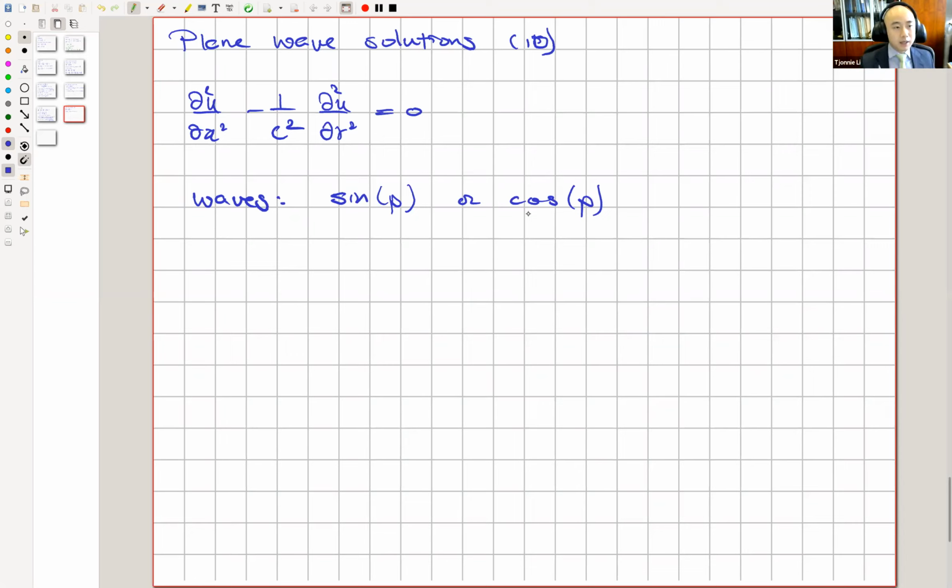Again, where p in this case is just the solution that is proportional to x minus ct or x plus ct. So for waves, the typical familiar form is sine of kx minus omega t, right? Or cosine of kx minus omega t.